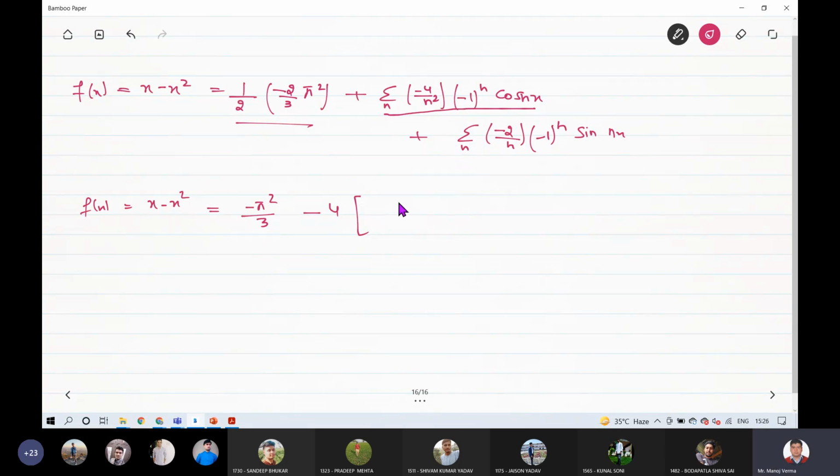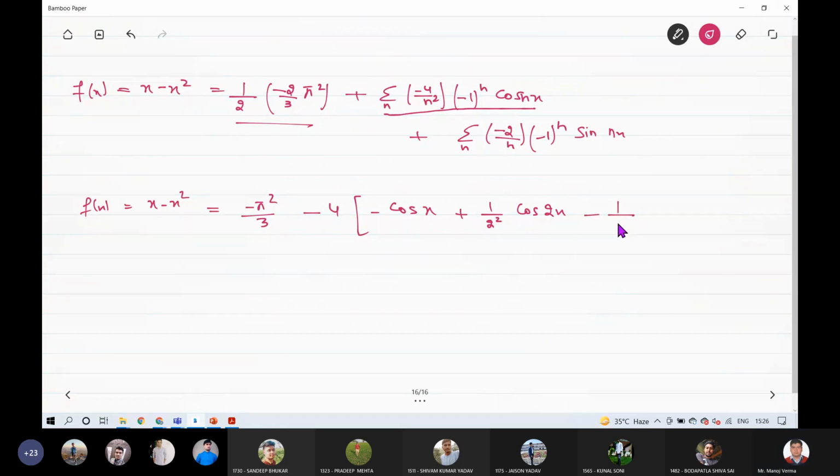So it will be minus cos x. The first term corresponding to n is equal to 1 will be minus cos x. Similarly, the second term will be 1 by 2 square, and it will be cos 2x. Now minus 1 raised to the power 2 is plus 1.